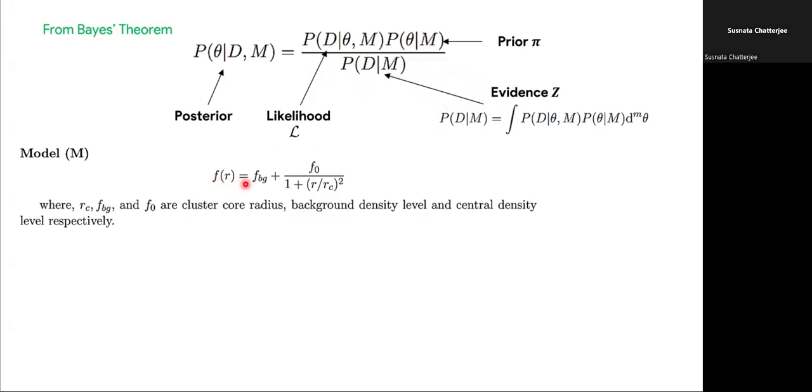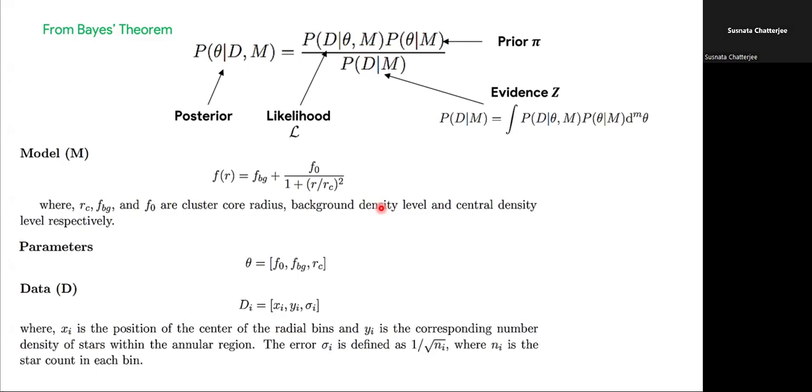Our model is f(R) equals FBG plus F0 by 1 plus (R by RC) squared, where RC, FBG, and F0 are cluster core radius, background density level, and central density level, respectively. The parameter vector theta is comprised of the three unknown parameters, F0, FBG, and RC.